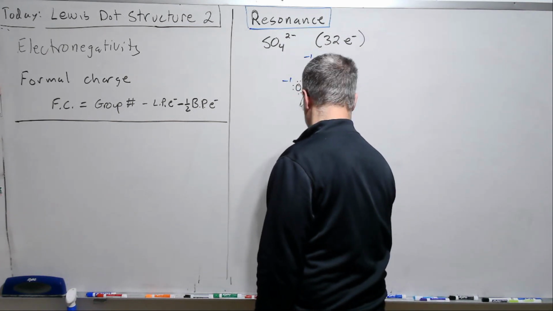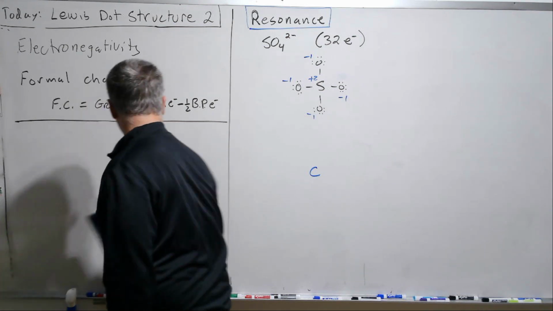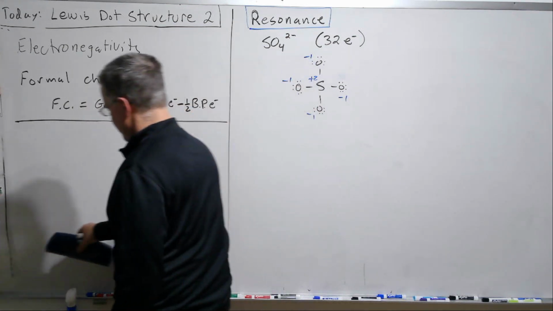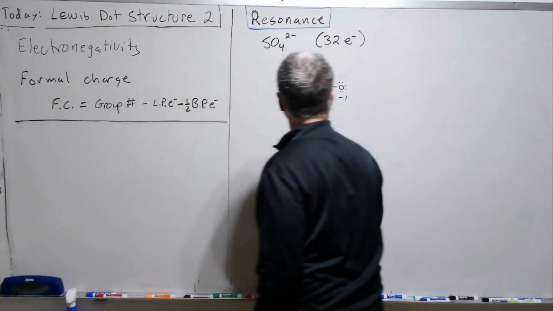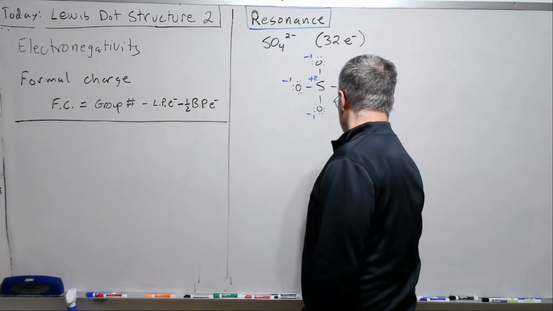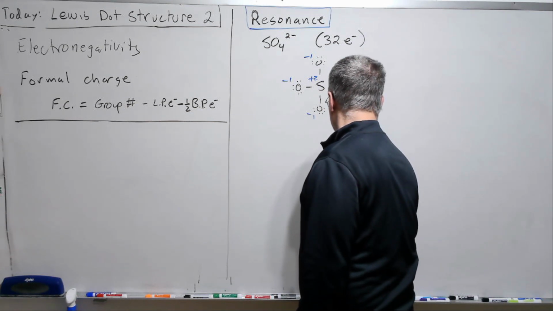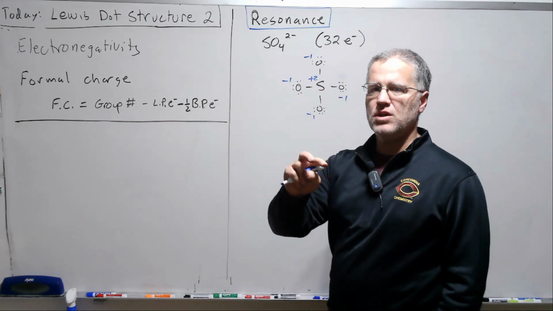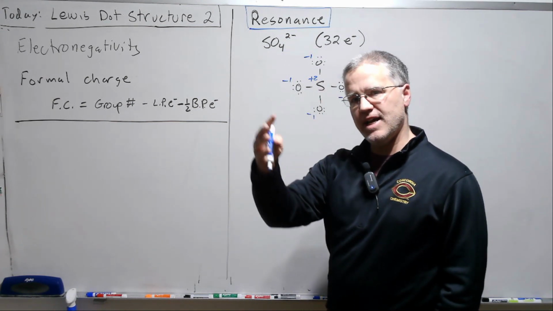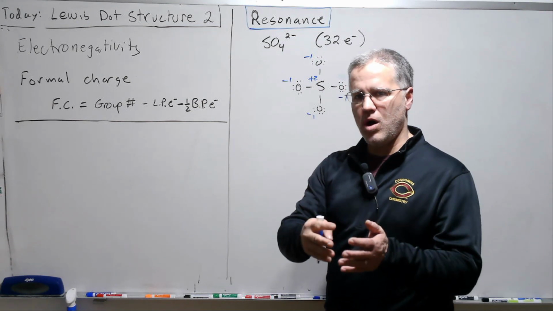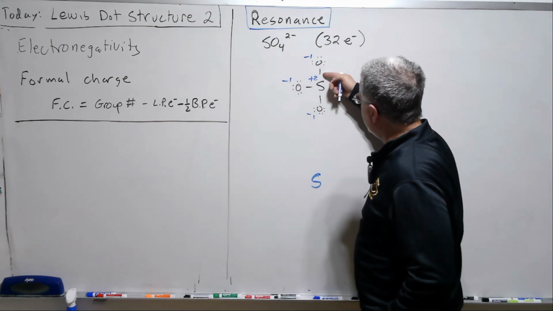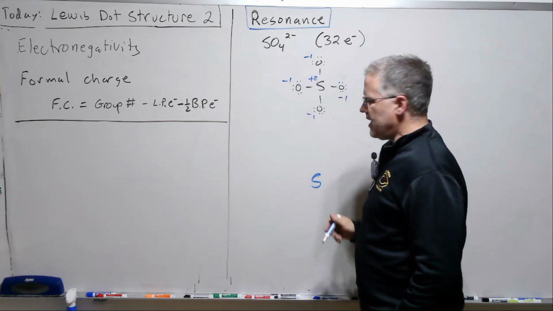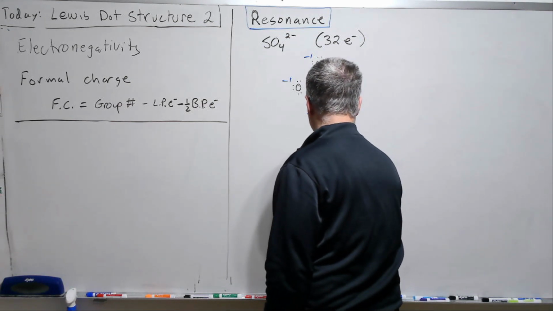draw a structure where we reduce the formal charge. So it's a little different than the algorithm where we're taking away 2 lone pairs and creating 1 bond. Here we just slide a pair in as a bond. So let's do that.